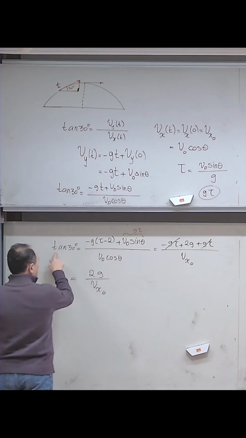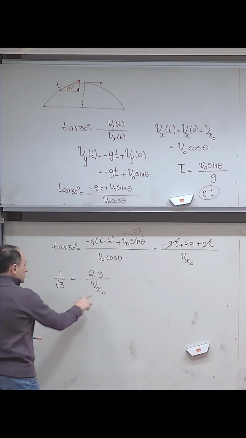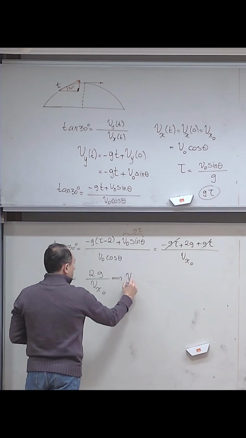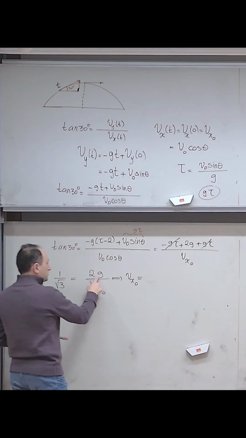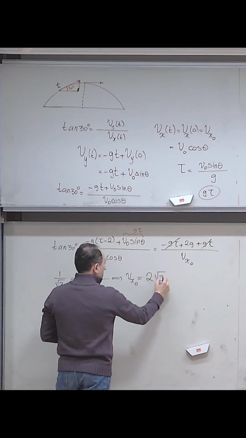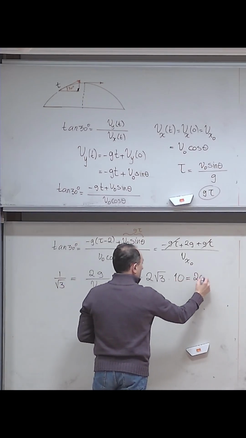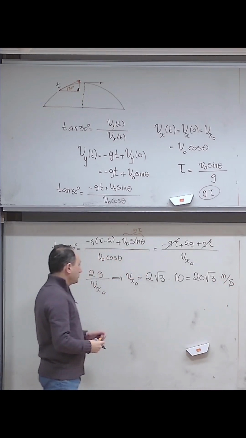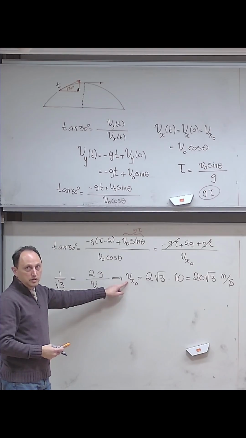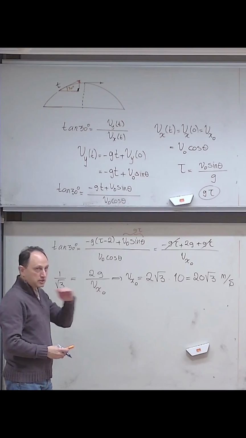But tangent of 30 is 1 over square root of 3. So this means that vx naught is equal to 2 square root of 3 times g, but g is given to be 10 in this problem, so this becomes 20 square root of 3 meters per second. So this is the initial velocity in the x direction.